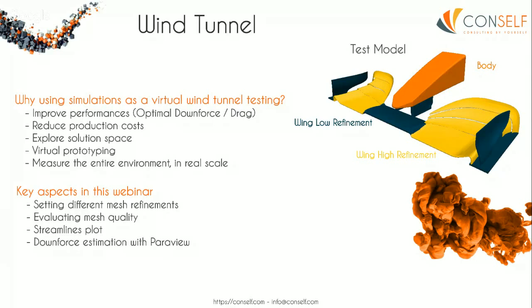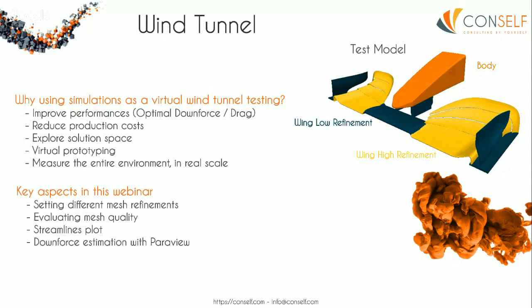The difference is mainly because the wing with high refinement has very small gaps that have to be captured by your mesh. At the same time, the body doesn't play a major role in this simulation, so the mesh refinement can be kept quite large. This will optimize the number of elements into which we divide our computational domain. So this is a very interesting feature that we will see today.